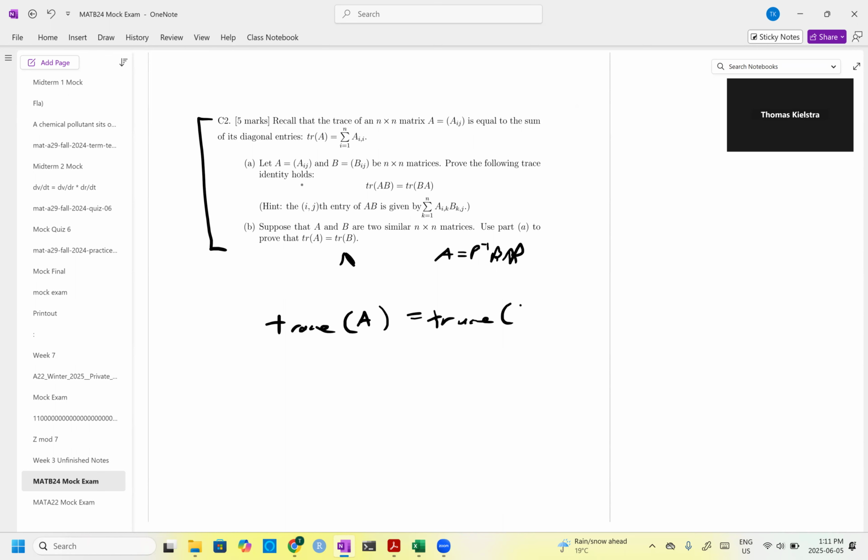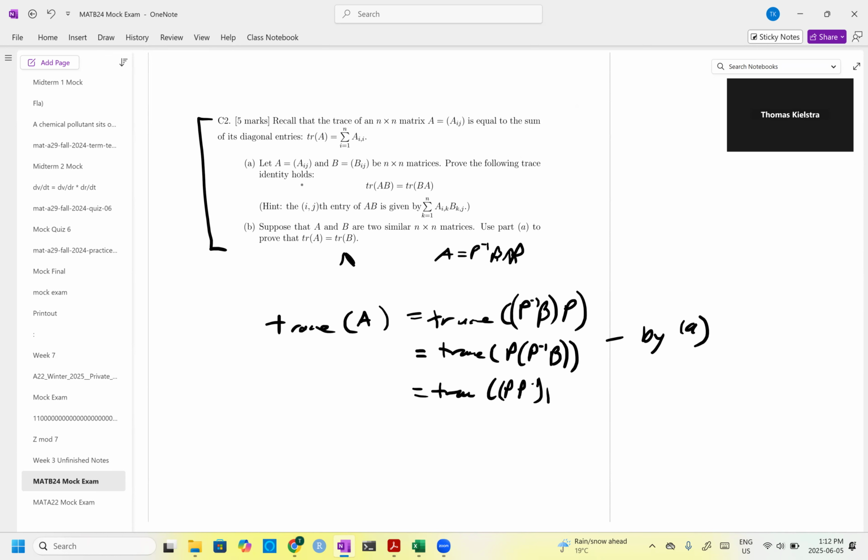So it's going to equal the trace of P inverse B times P, which equals the trace of P times P inverse B.